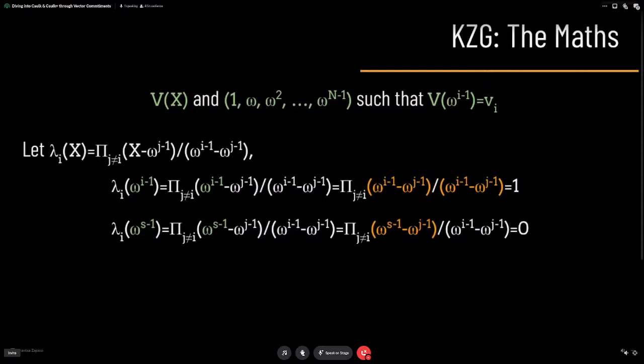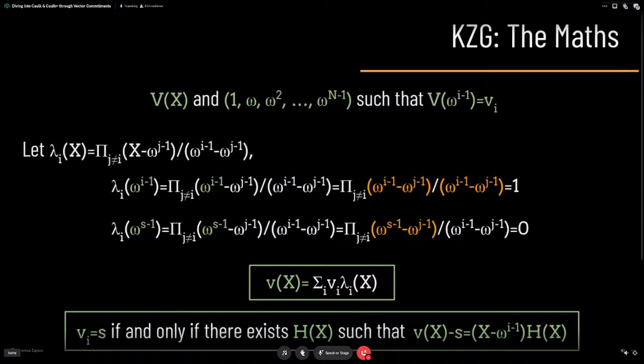And with these polynomials we are going to construct the polynomial that represents the vector. How? Well, we'll say v(x) is going to be the linear combination of positions v_i with Lagrange polynomial lambda_i. So when I take this v(x) and evaluate it at omega^(i-1), I will get v_i. And now I have a relation as I wanted before.